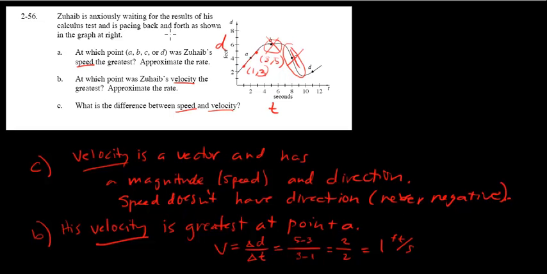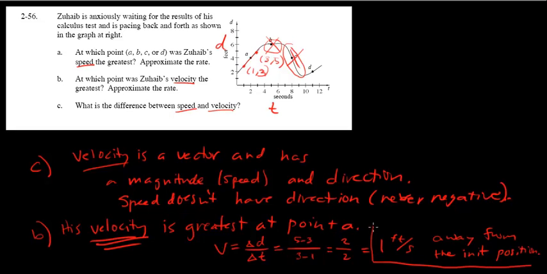So where is he going? Back and forth. So the direction is away from the initial position. Because it's asking for velocity specifically, I want to make sure I include direction. So 1 foot per second away from the initial position.